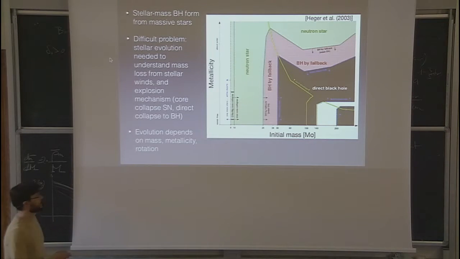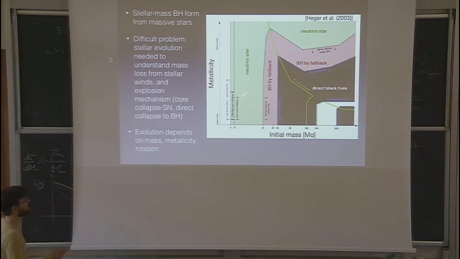So it's at least a two-dimensional problem, so you need to solve the equation for the stellar structure at least in a two-dimensional space, but it's even more complicated than that, because you also need to include the effect of rotation, which is only now starting to be understood, and also you need to do this in a binary system.